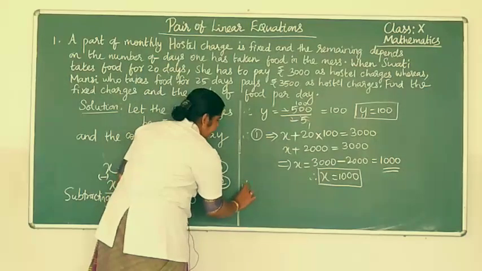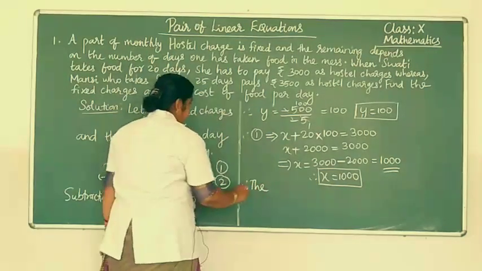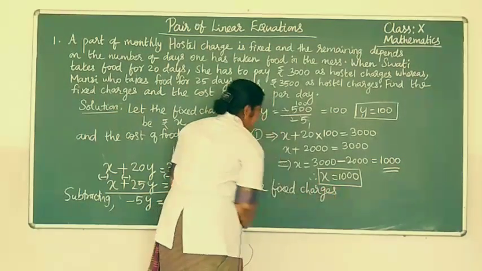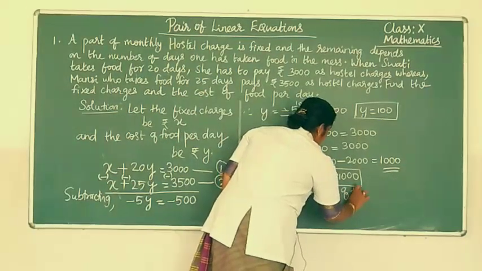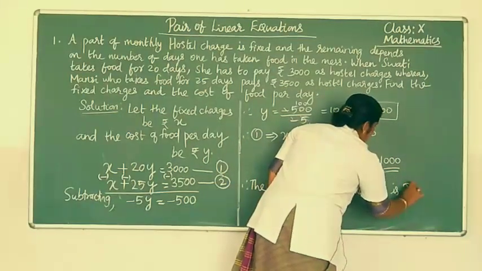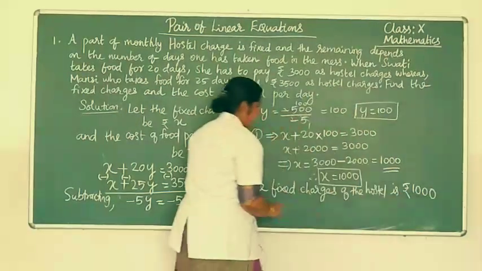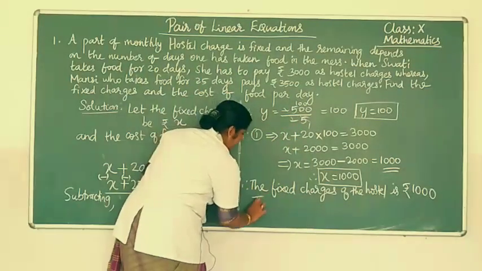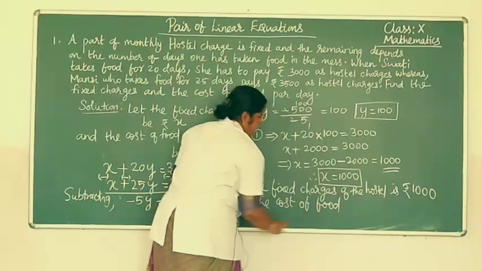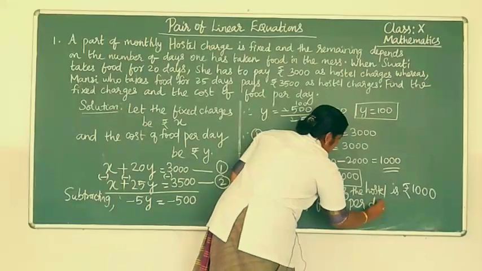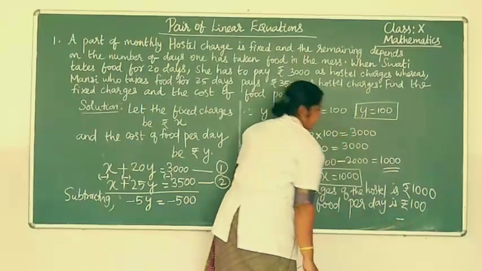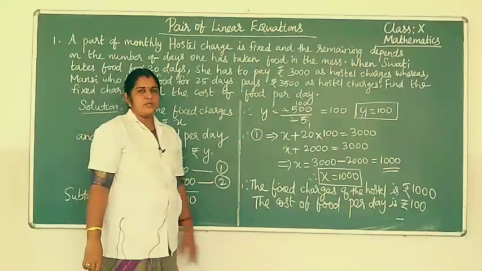So thus, therefore, the fixed charge of the hostel is rupees 1000. The cost of food per day is rupees 100. Thus, we got the solution.